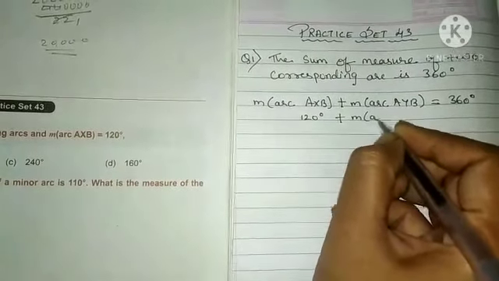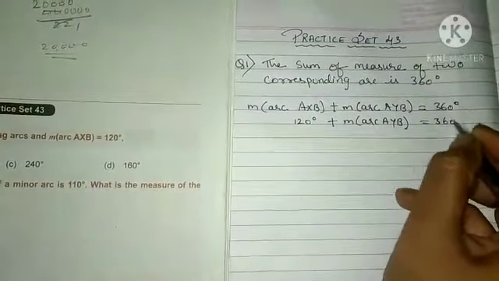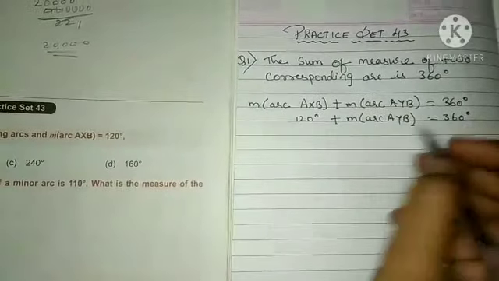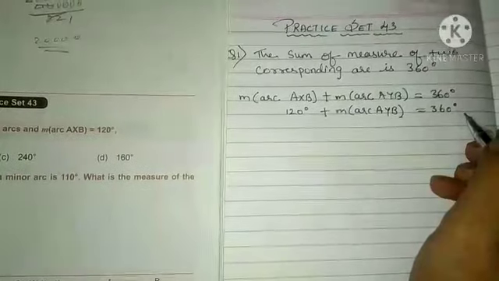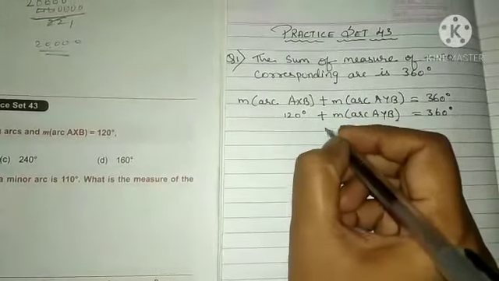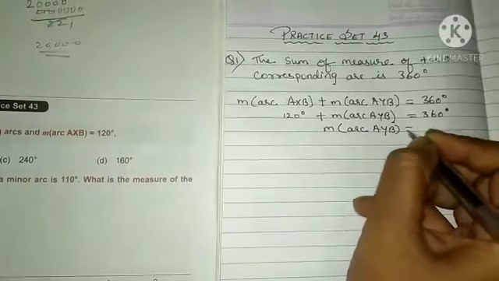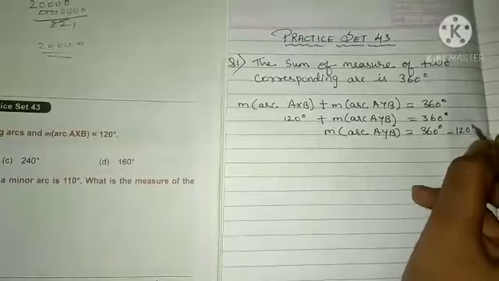And measure of arc AYB is equal to 360 degree. Now how will you do the calculation? This 120 we will take to the right hand side with 360, so addition will become subtraction. So measure of arc AYB is equal to 360 degree minus 120 degree.